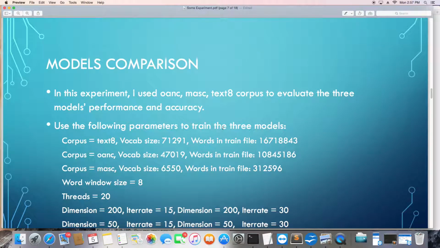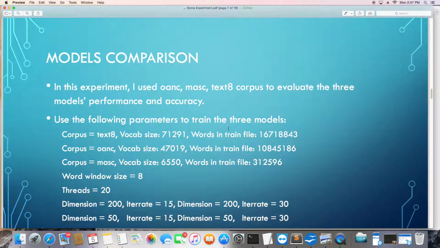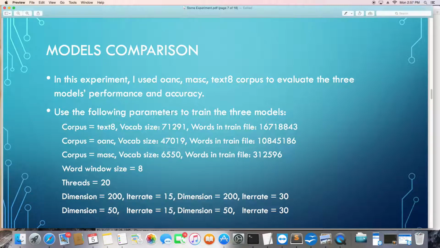In the first experiment, I have used different corpora to evaluate the three models' performance and accuracy. Here I use these three corpora: text8, OANC, MASC. Text8 has the largest vocabulary size, and MASC has the smallest vocabulary size.